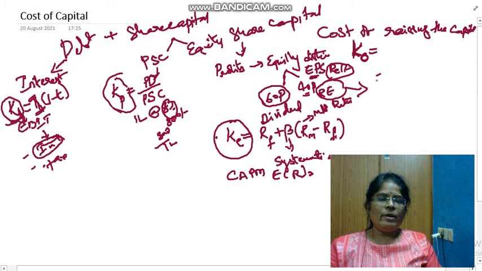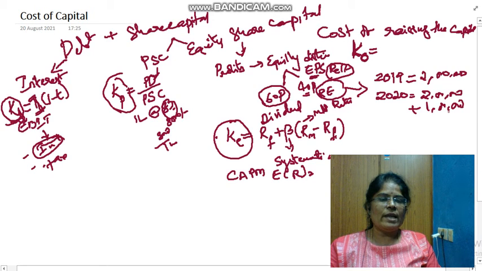For example, in the year 2019 your retained earnings are 2 lakhs. Clear? And in the year 2020 the 2 lakhs will be taken into consideration, and this year's retained earnings, let us assume, are 1 lakh, and this year you paid a dividend of 1,50,000. So your retained earnings will be 1,50,000.